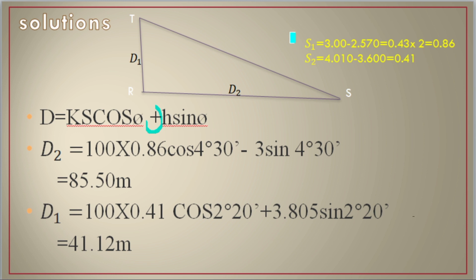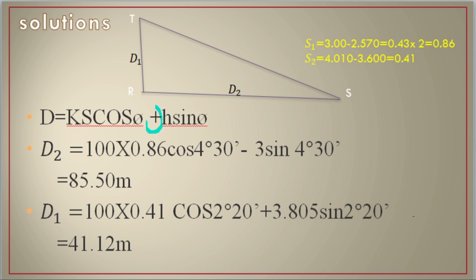So before doing that, first of all, k, this 100, s that is the stadia interval, so that is the interval of a to b, that is the upper reading and the lower reading, the difference in the two. So that's what we need to calculate first. So here we have s.